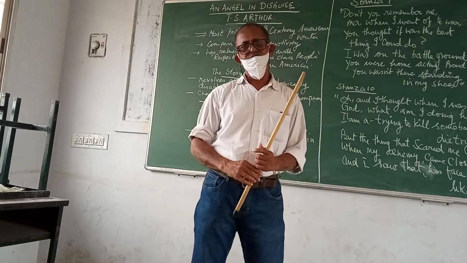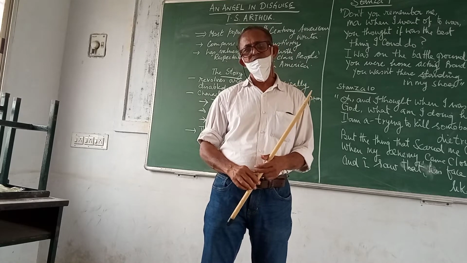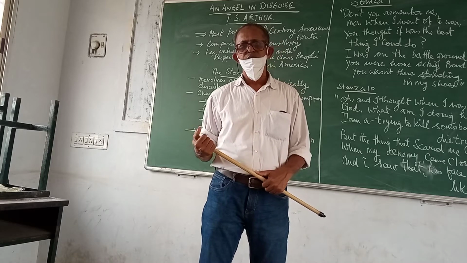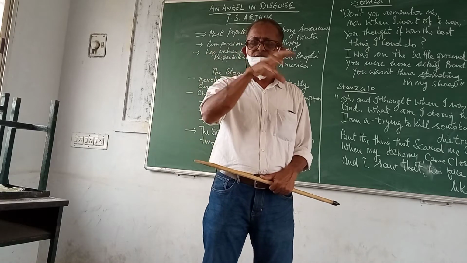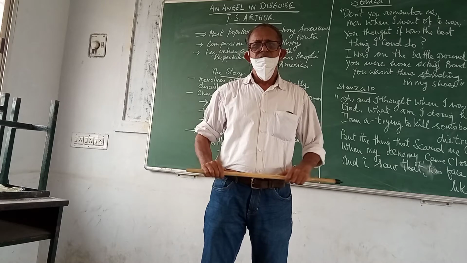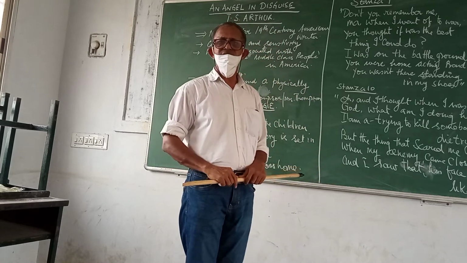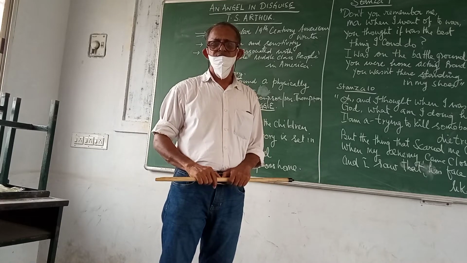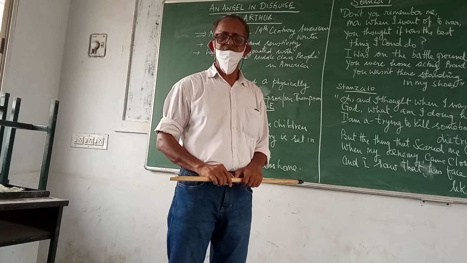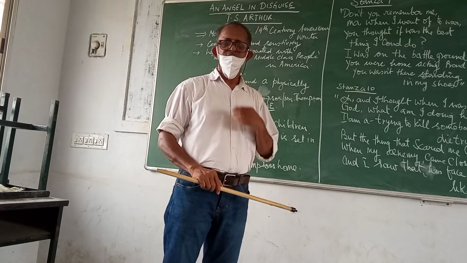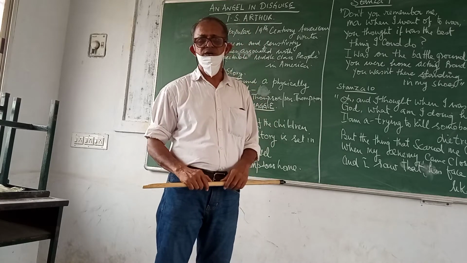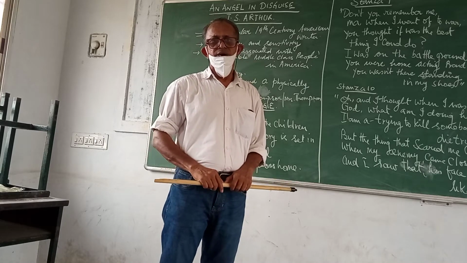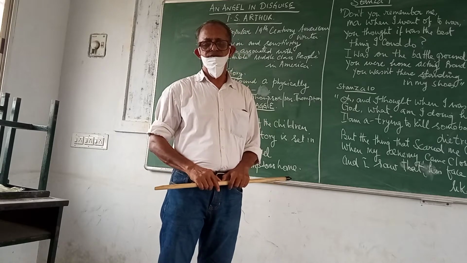The story begins with the description of a hovel. Hovel means hut. And in that hut, four characters were living. One was a lady who was characterless, and the lady had three children, one son and two daughters.